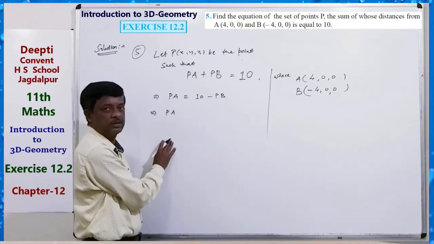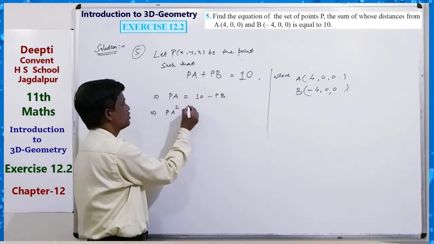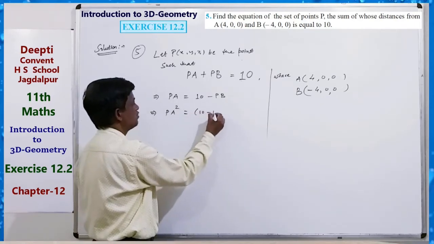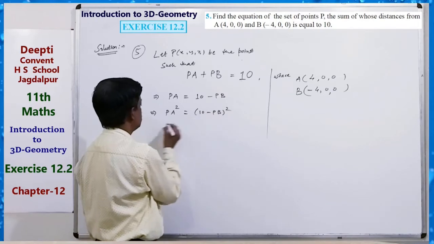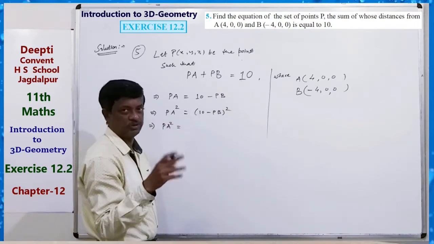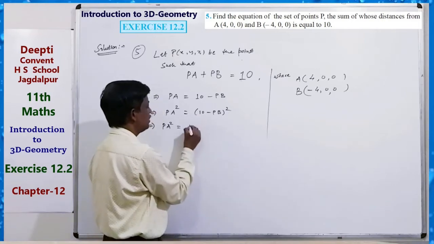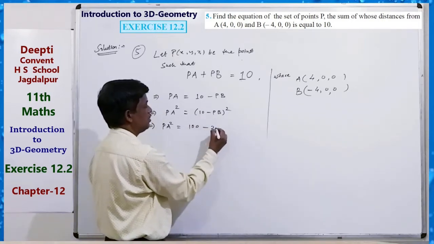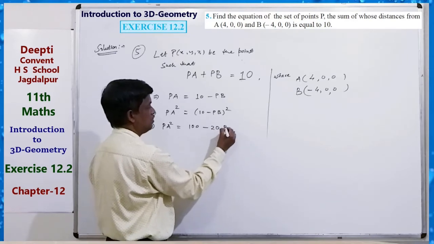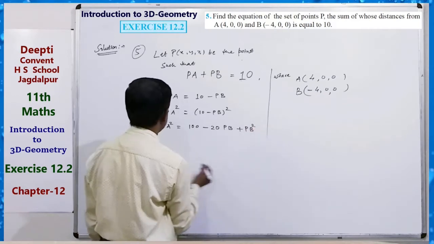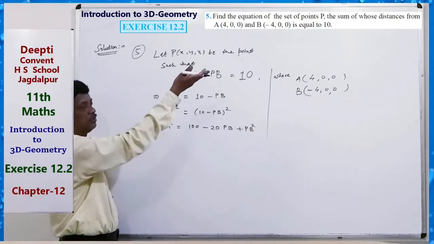PA square equals (10 minus PB) square. Square means without root, so we can write the formula. Here 10 square means 100, minus 2 into 10 means 20 PB, plus PB square. Now use the points.